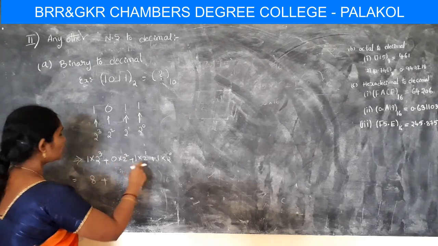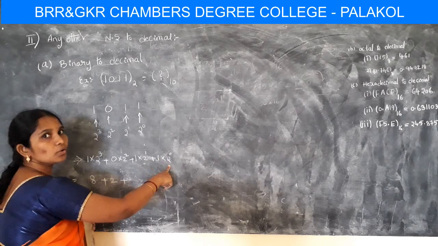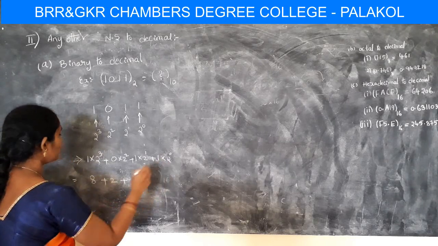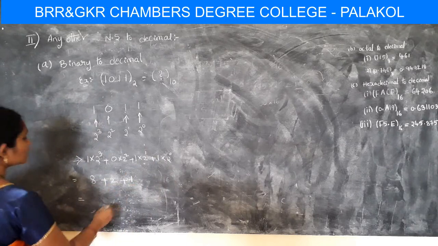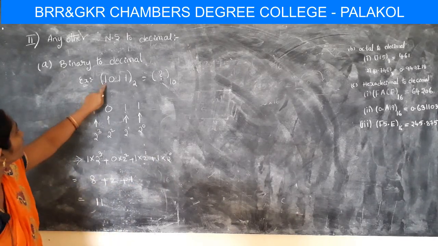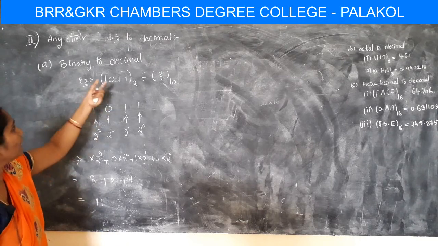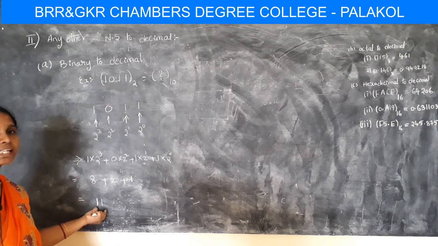So, 1 into 2 power 1 is 2 plus 1 into 2 power 0 is nothing but 1. So, 1 into 1 is 1. So, therefore, 8 plus 2 is 10, 10 plus 1 is 11. Okay. So, therefore, the given binary number, the corresponding decimal value is 11.